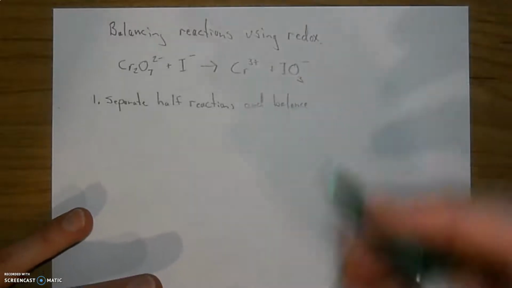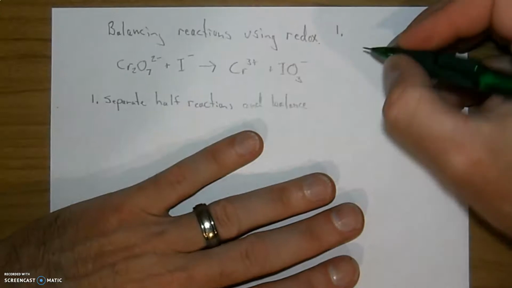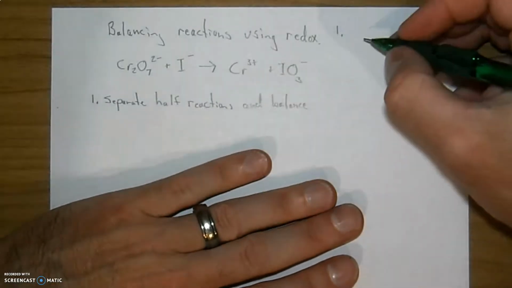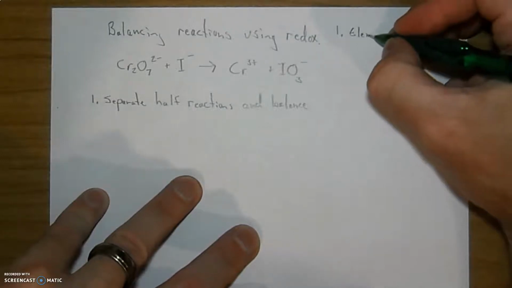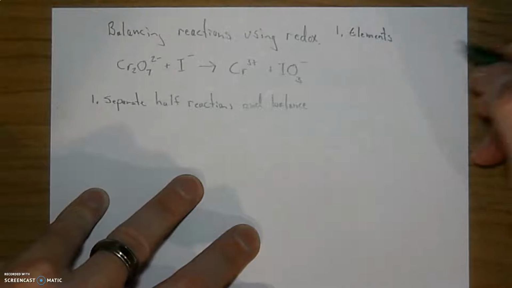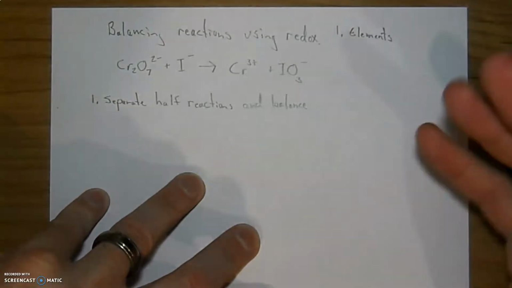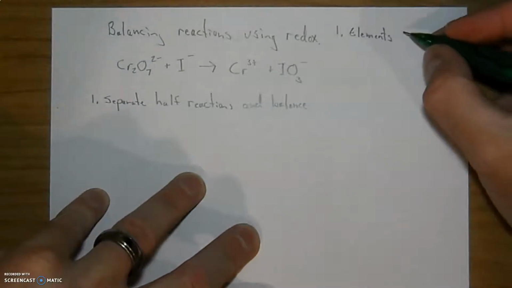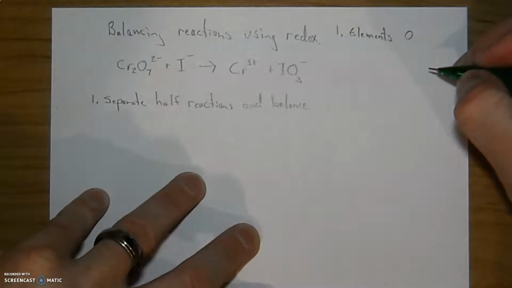So let me go back and give you some background information, some helpful tips that may make this a little easier. First one, elements. If something is in its elemental state, not with a charge, but just like iron, think solid iron, its elemental oxidation state, its plus or minus, is always going to be zero.